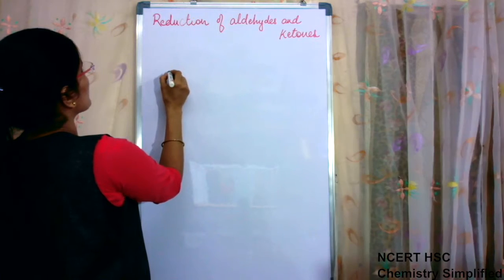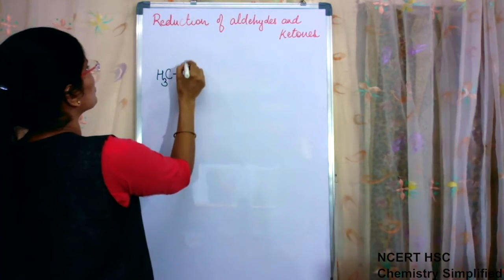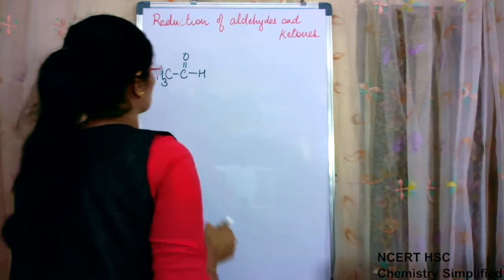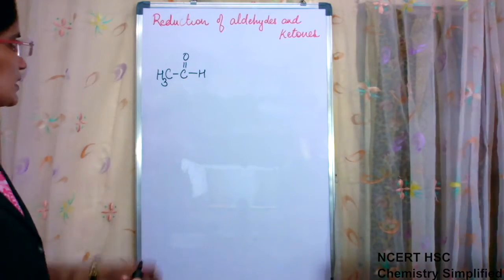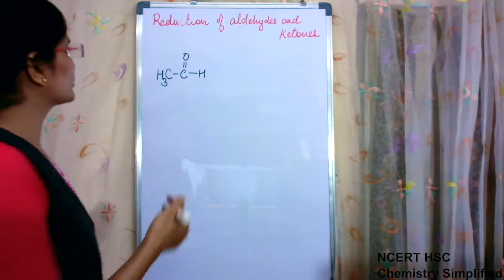We take the example of an aldehyde, CH3C double bond O H. Now reduction means removal of oxygen and addition of hydrogen.